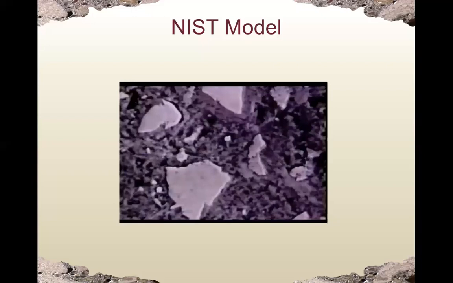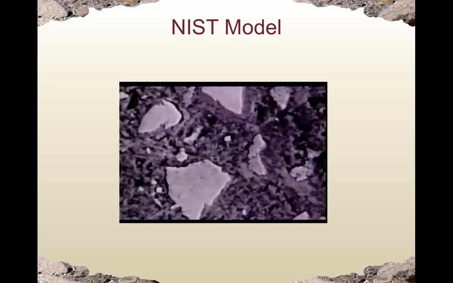Right, so this is the NIST model, talking about the hydration process. Again, the three words: dissolve, diffuse, and precipitate, which we discussed last time. So spend some time to make sure you understand the hydration process.